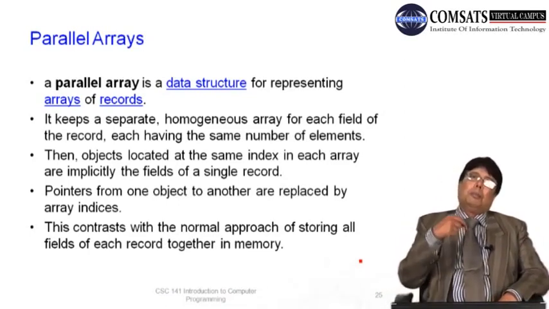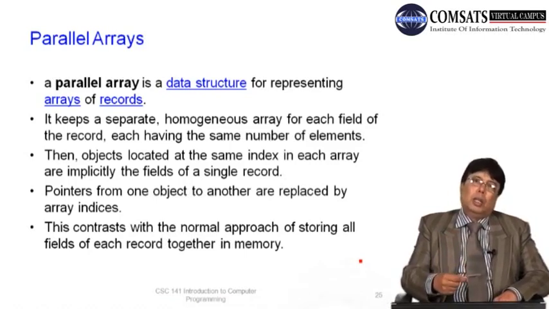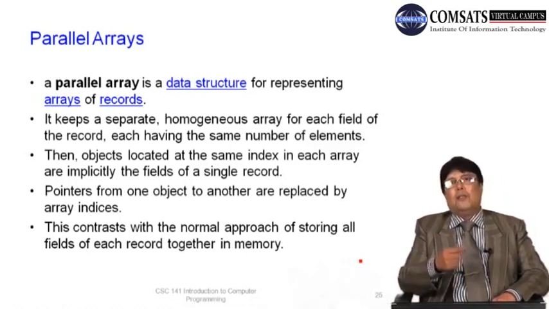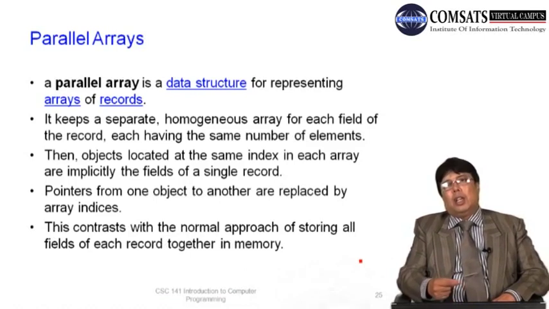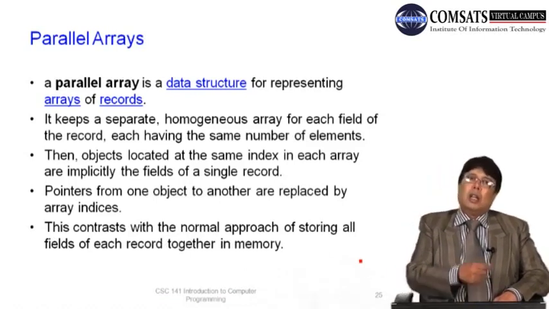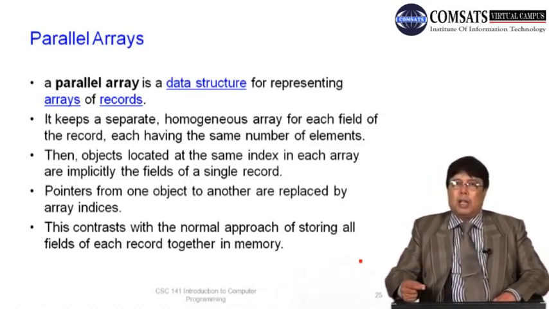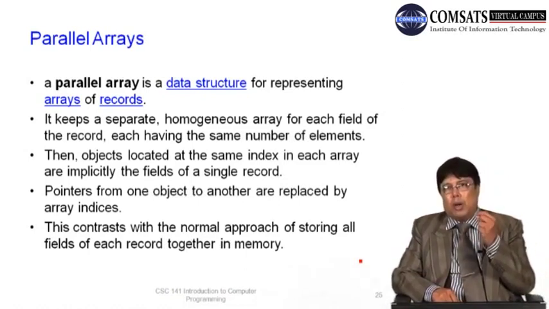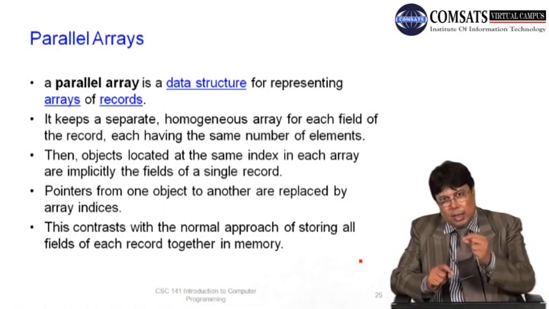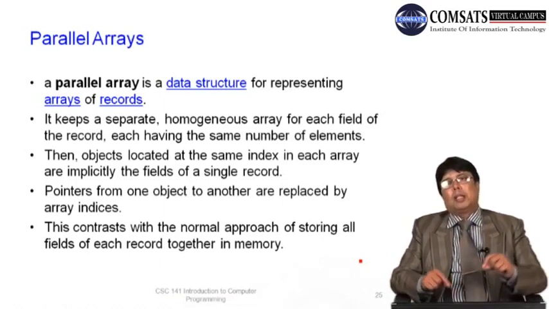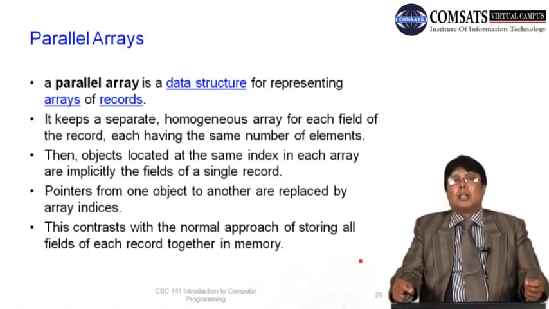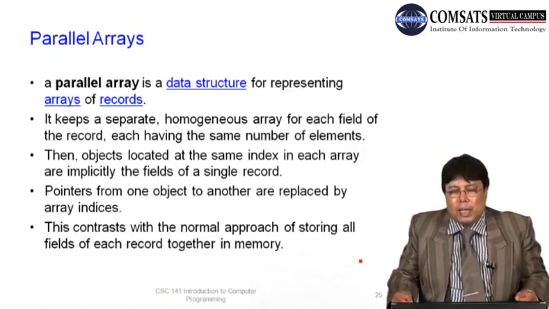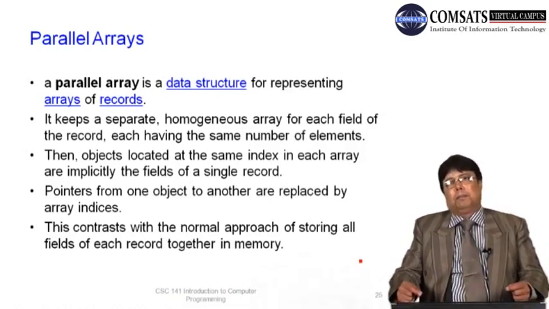So if we apply one single rule, that whenever we access the arrays we access every array simultaneously with the same single index, then we can use all these arrays in parallel, and we call this a parallel array.